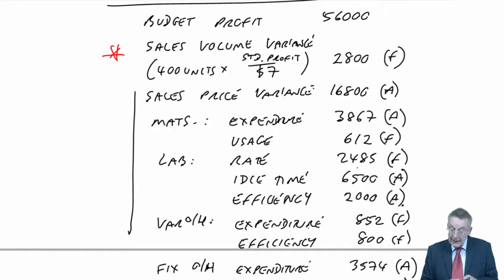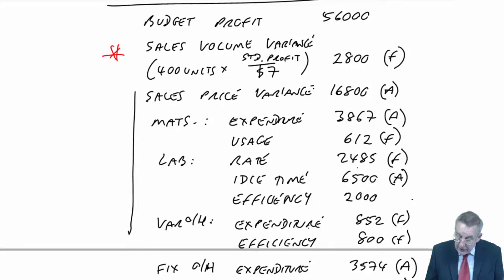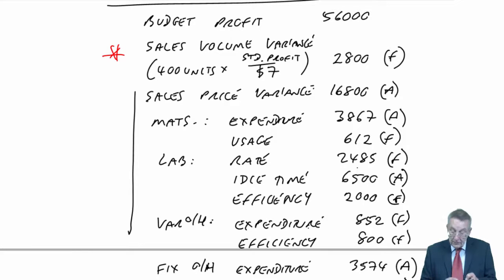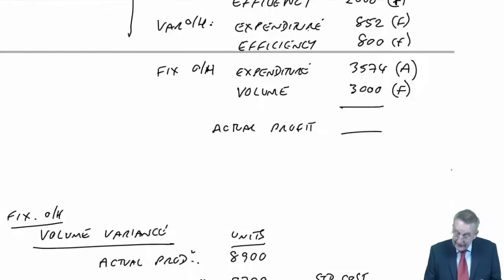2,800 minus 6,800 minus 3,667 plus 612 plus 2,485 6,500. And I realised, I'm sorry, I don't know if any of you noticed, that efficiency variance was in fact favourable. I wrote it down as adverse. So plus 2,000 plus 8 plus... 37,808.